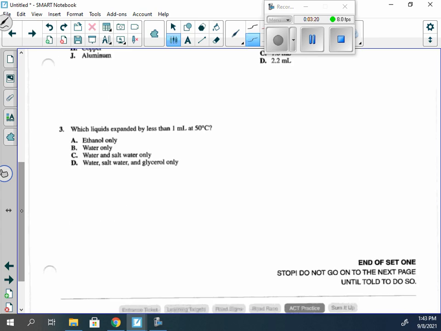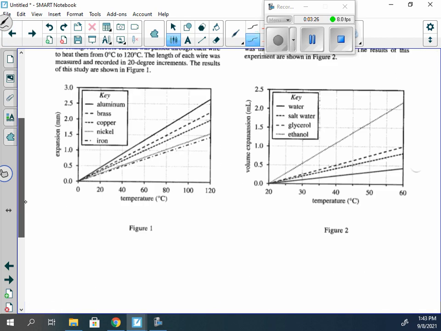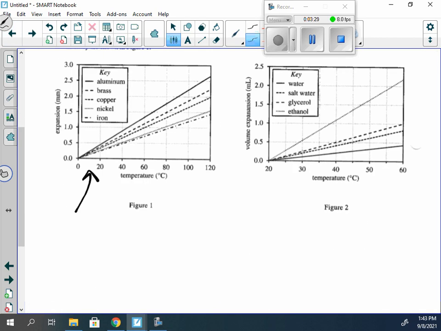Which liquid expanded by less than 1 milliliter at 50 degrees Celsius? So I'm going to come back and look at our first figure, yes? Why wouldn't we look at the first one? It's not liquid because brass, aluminum, copper, nickel, iron, none of those are liquids. Do we have another one that refers to liquids?